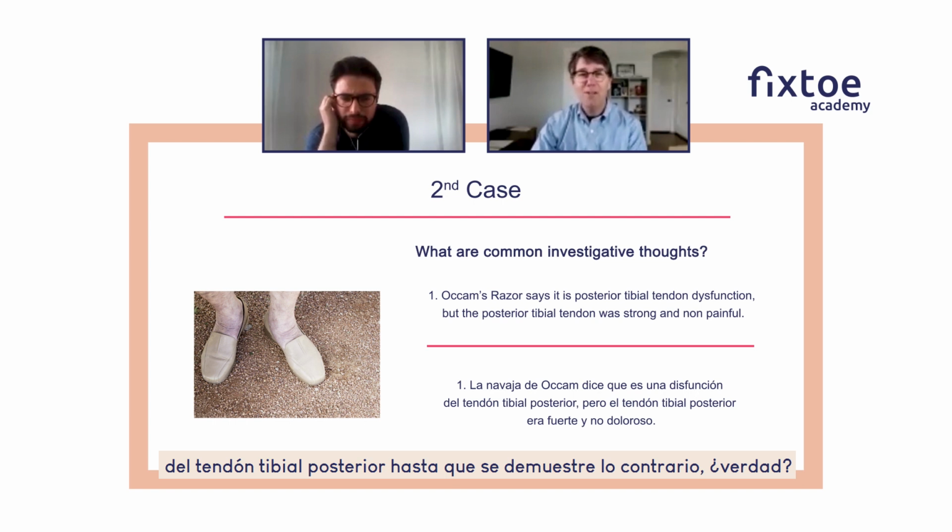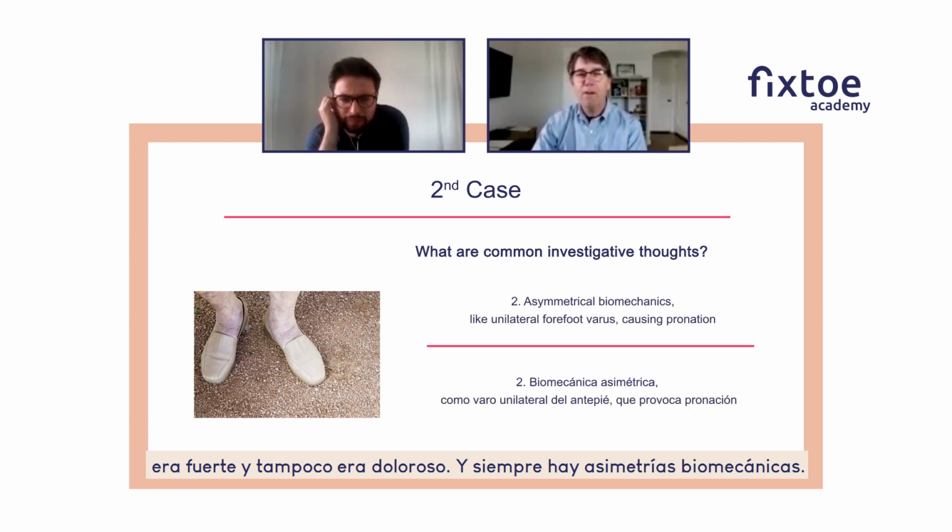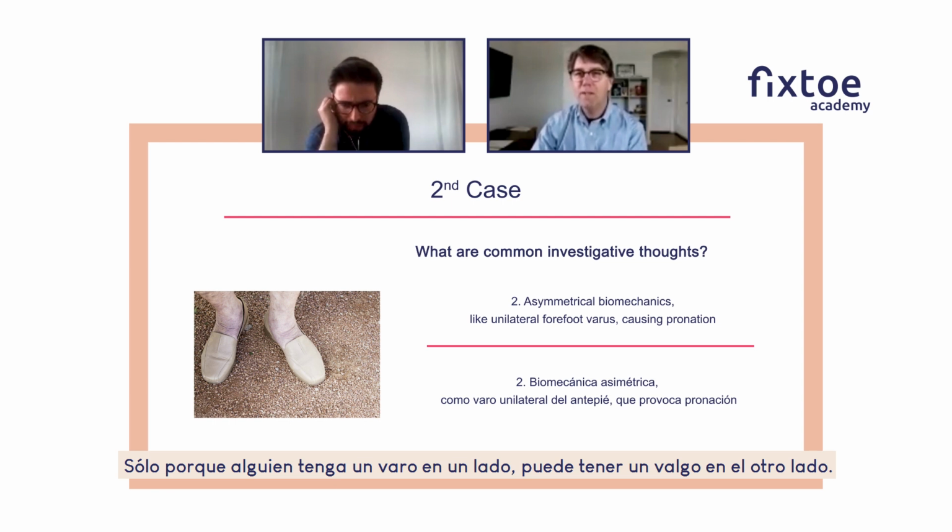The typical reason for that in an elderly patient is posterior tibial tendon dysfunction until proven otherwise, right? But on my exam, I found the patient very strong, and the posterior tib was strong, and it was also not painful. And then there's always biomechanical asymmetries. Just because somebody has a forefoot varus on one side, they may have a forefoot valgus on the other side.